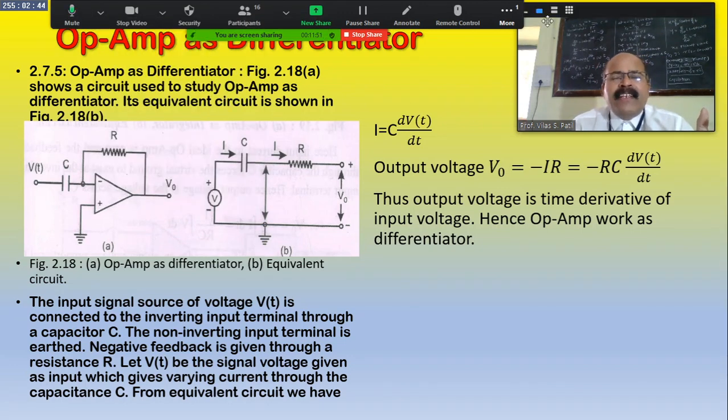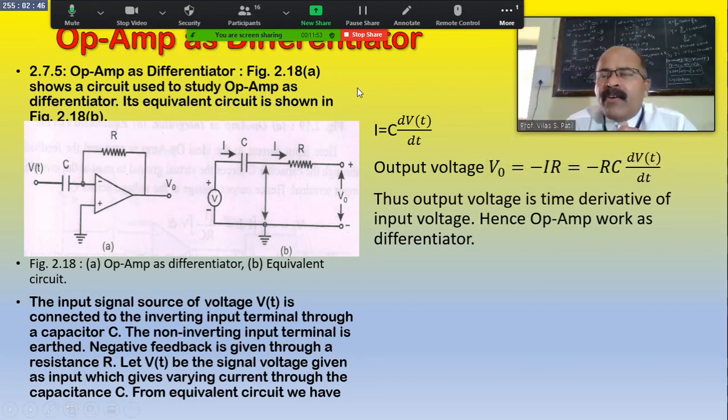Okay, friends, here we are discussing the operational amplifier, which is used to perform mathematical operations like addition, subtraction, multiplication, division, exponential, differentiation, integration, and so on.